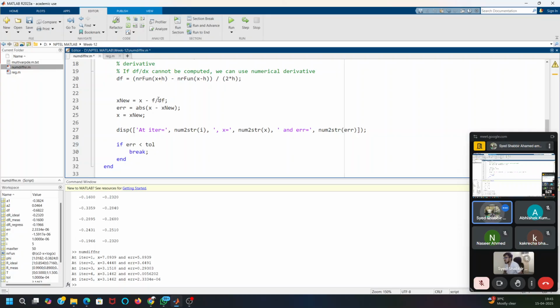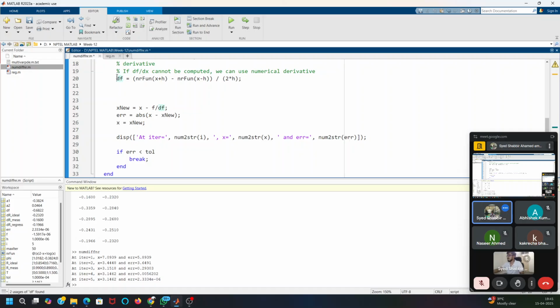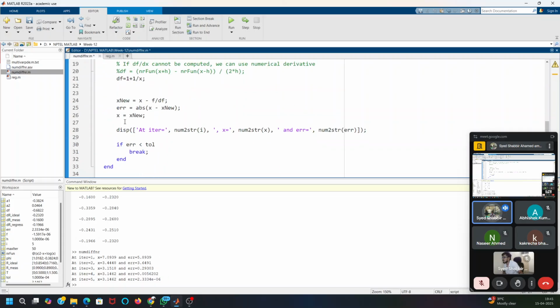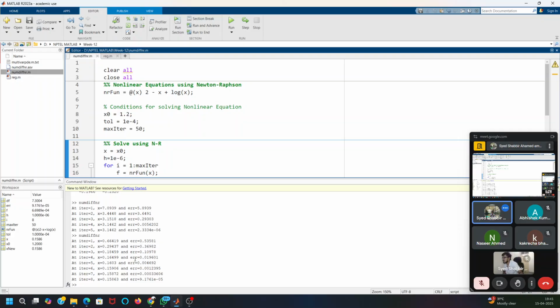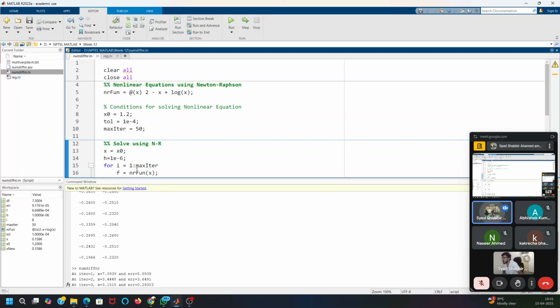So instead of this, let's say if I take df equals 1 plus 1 by x, now if I run it, oh, it's getting something else.